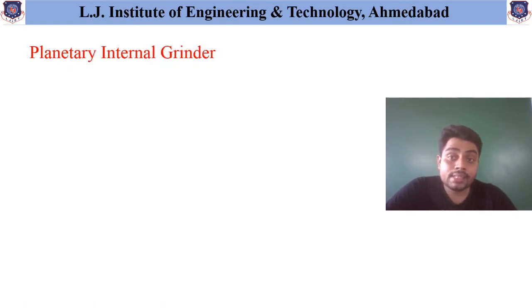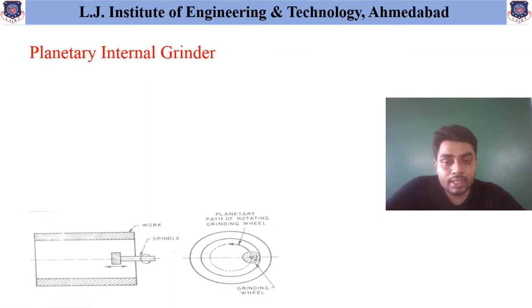Similarly, the next one is the planetary internal grinder machine. Let us have a look at this figure. As you can see, there are two major movements that you need to understand. Let us take an example.